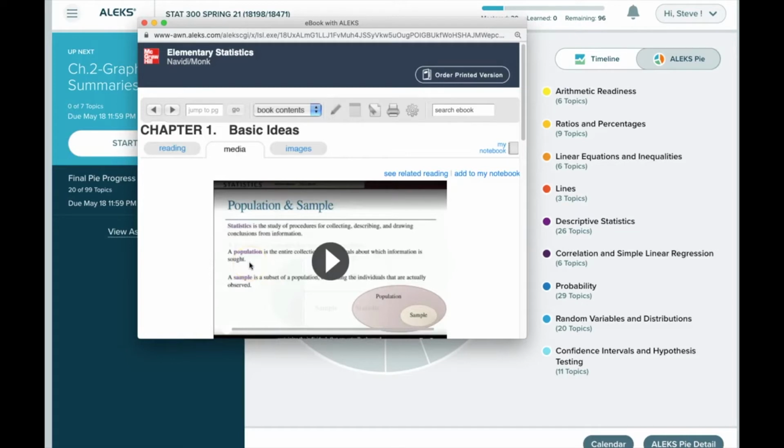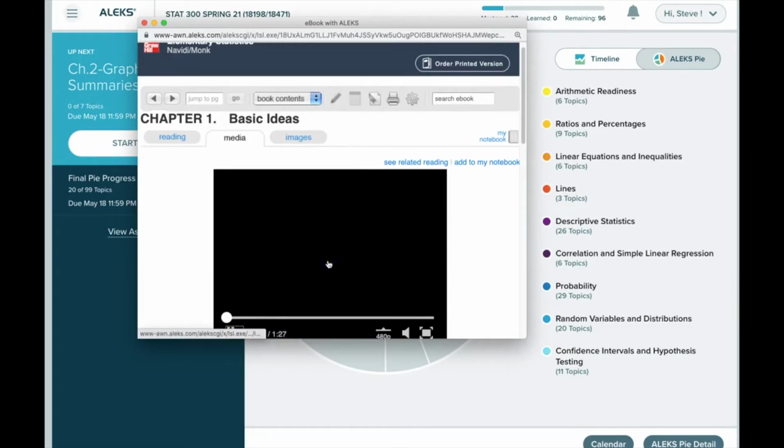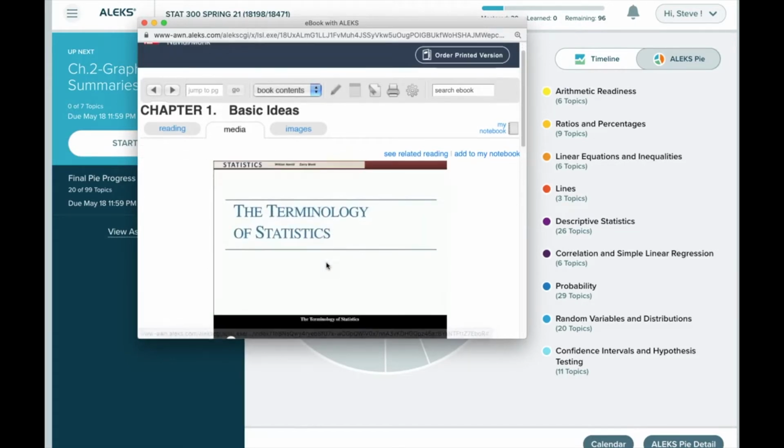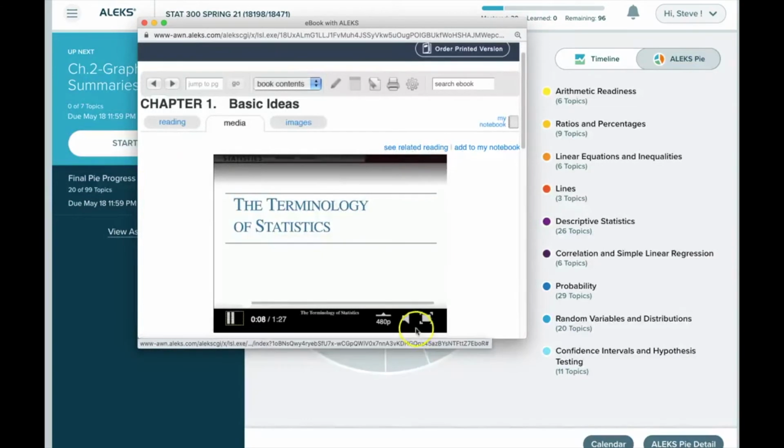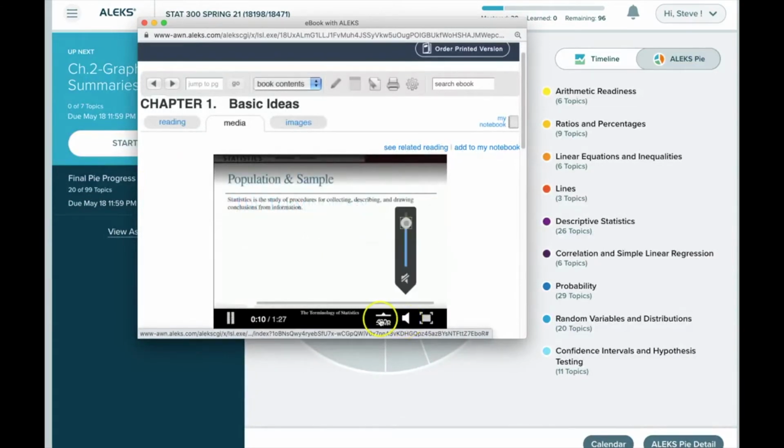I'm going to turn it down because it's going to blast you since it's an internal speaker. And so of course the nice thing is you could play it at extra fast speed. You can pause it, go back, and so on and so forth. So that's how you're going to get the information, looking at the author's videos.